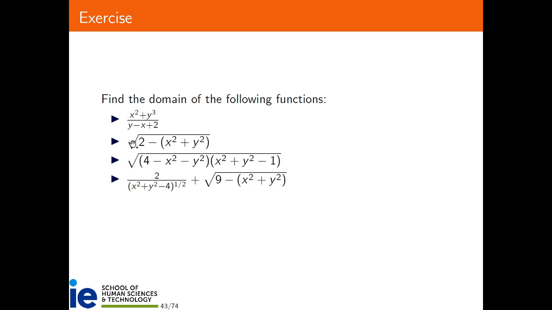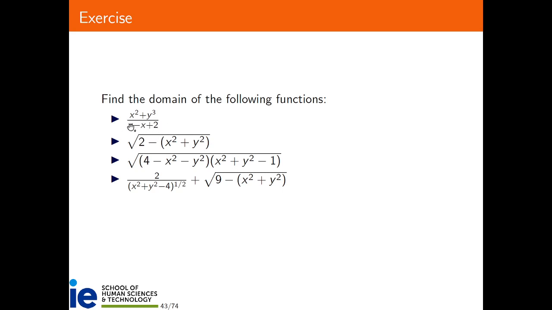So here, for example, let's just look at the first example. I have a fraction where I have x squared plus y cubed divided by y minus x plus 2. Now, x and y here are variables, things that I'm studying, and what I want is that the denominator is not 0. So what I must have is that y minus x plus 2 is different from 0.